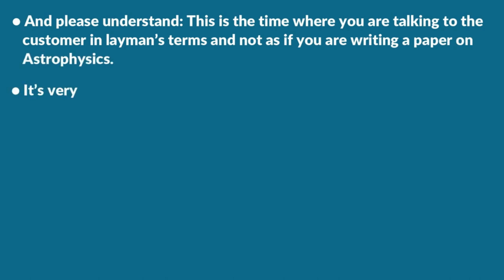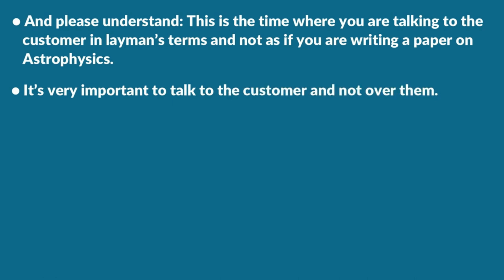It is very important to talk to the customer and not over them. As you can imagine, it's not what you and I know and how smart we are, it's how we get that information into our customers' heads. That really is a determinant of how smart we are.